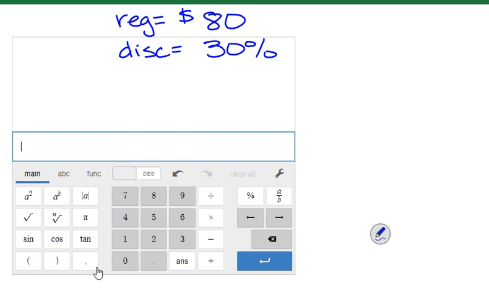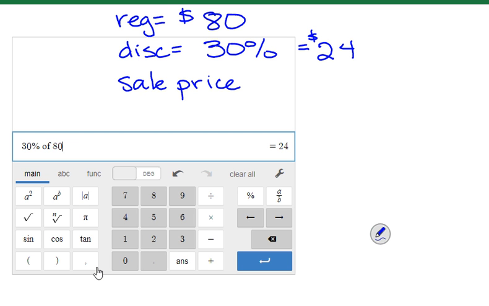So you could use your calculator to figure out 30% of 80, which is $24. So that would tell you that your discount is $24. But you could also easily use this calculator to figure out the sale price. Of course, you could find the sale price by doing 80 minus 24.